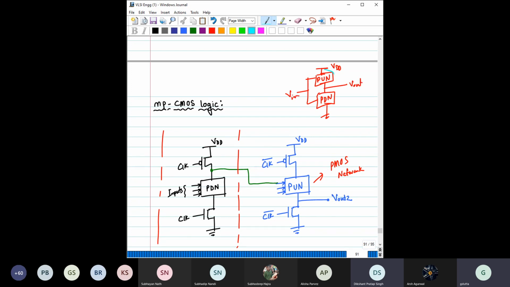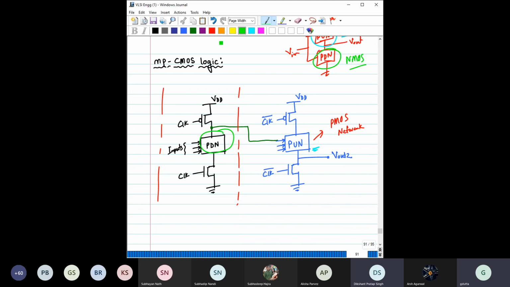So this is that pull-up network, which is made up of PMOS, and that part has been incorporated here. And the other one, the pull-down network, which is constituted by NMOS, is considered here.